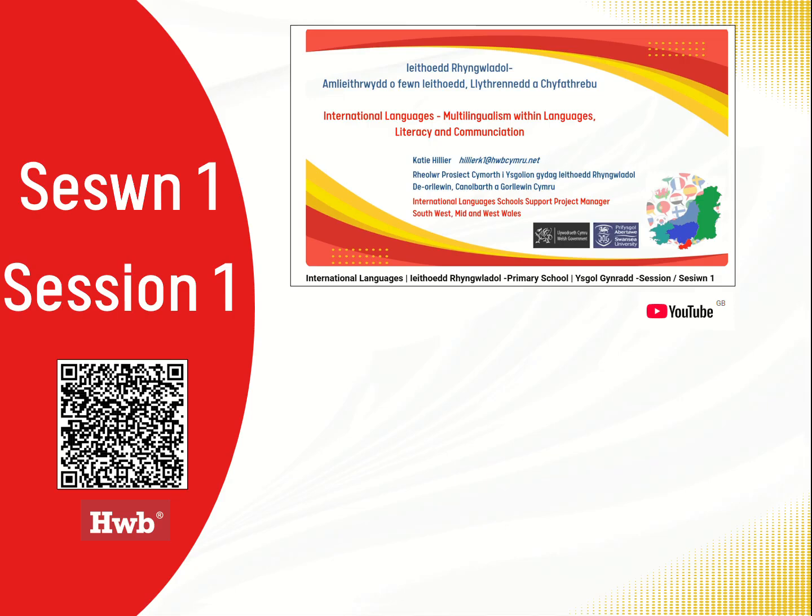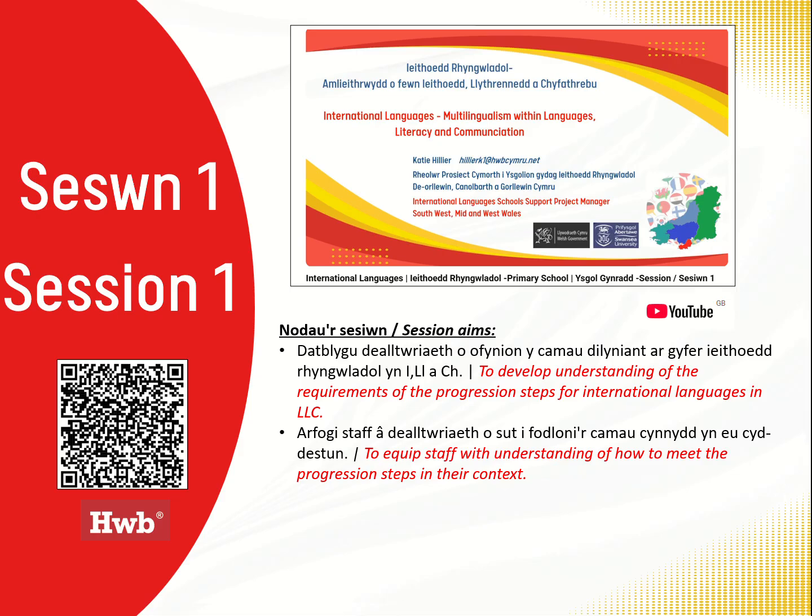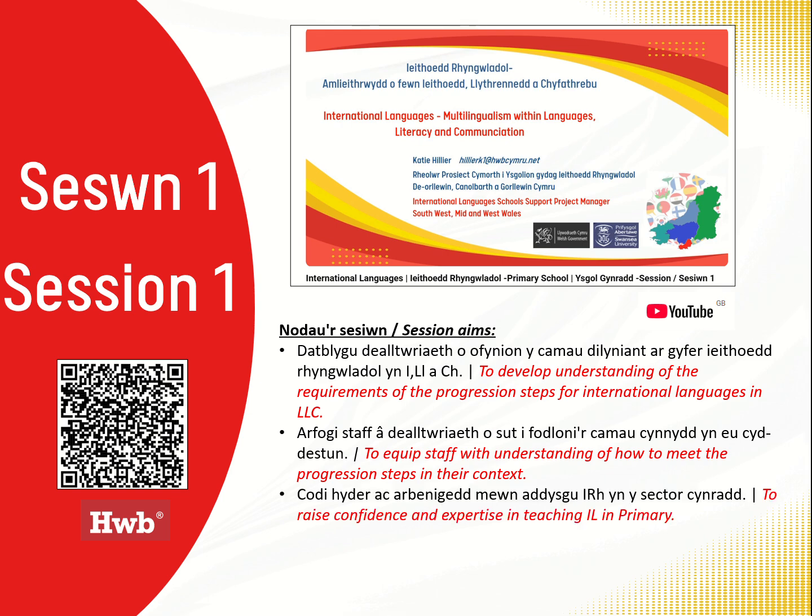In that session we went through understanding what it actually says about the progression steps for international languages in languages, literacy and communication, so that staff were able to understand what that would look like in their context, which children needed to be learning what in order to meet progression step 2 and 3 in particular, but not necessarily what resources you could actually use, which is what this session is about.